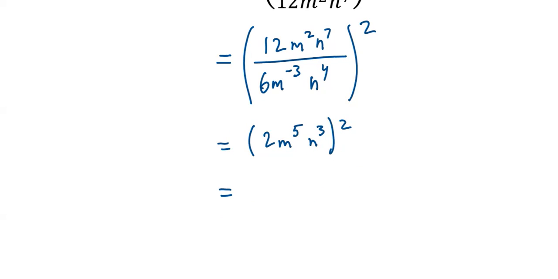So now this is 2 squared, which is 4. m to the 5 all squared, so that's 5 times 2. And n cubed all squared, that's 3 times 2. There we have it.